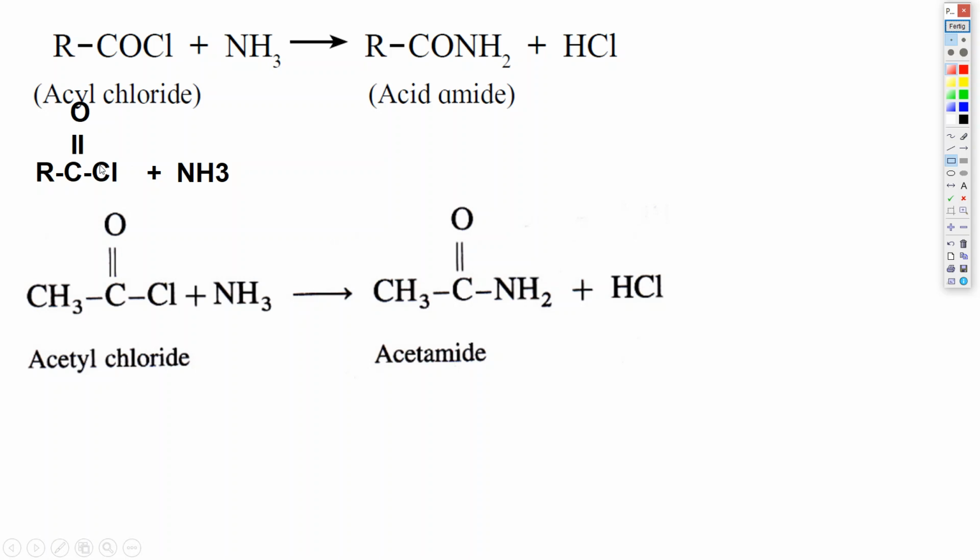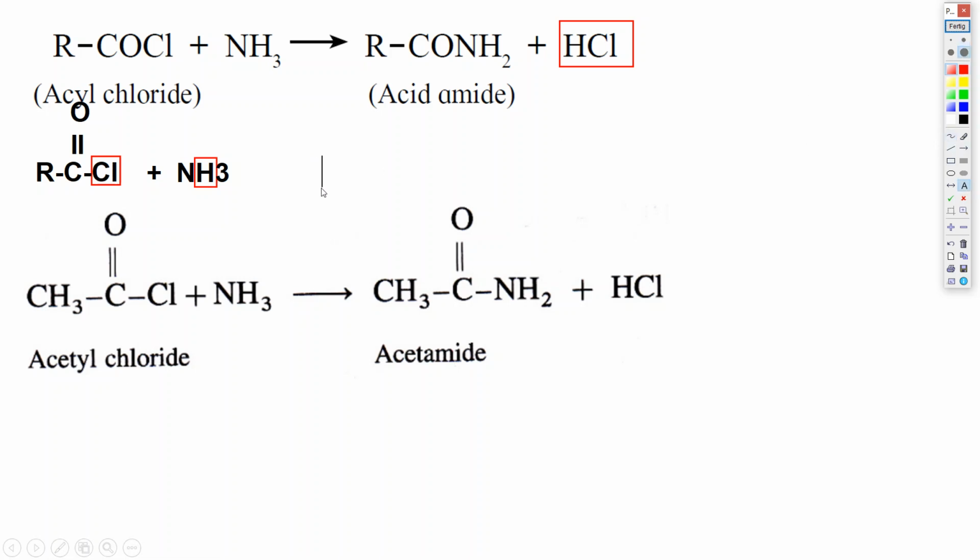Now the minor product. What is the minor product? The minor product is one chlorine atom and, out of the three hydrogen atoms of NH3, one hydrogen atom. It will form the minor product HCl. So the structure of NH3 is like this. I draw here the structure of NH3.